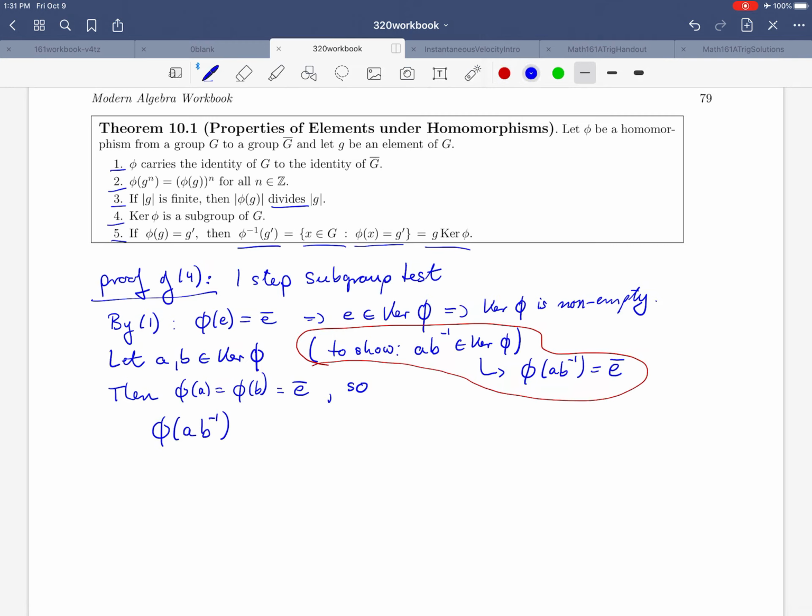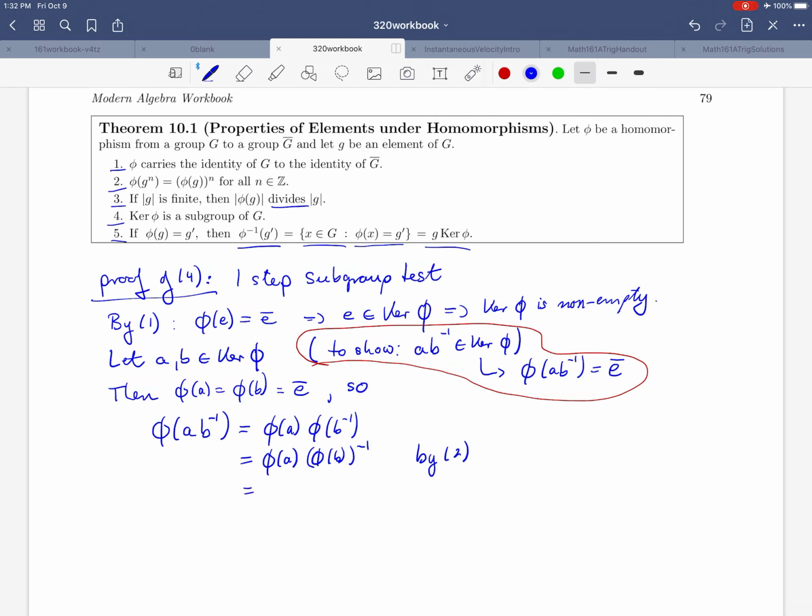So what's phi of a b inverse? Since we have a homomorphism, that's phi of a times phi of b inverse. I'm going to just copy down phi of a because I want to deal with phi of b inverse. Well, phi of b inverse is phi of b, inverse. That's by property 2 that we already had.